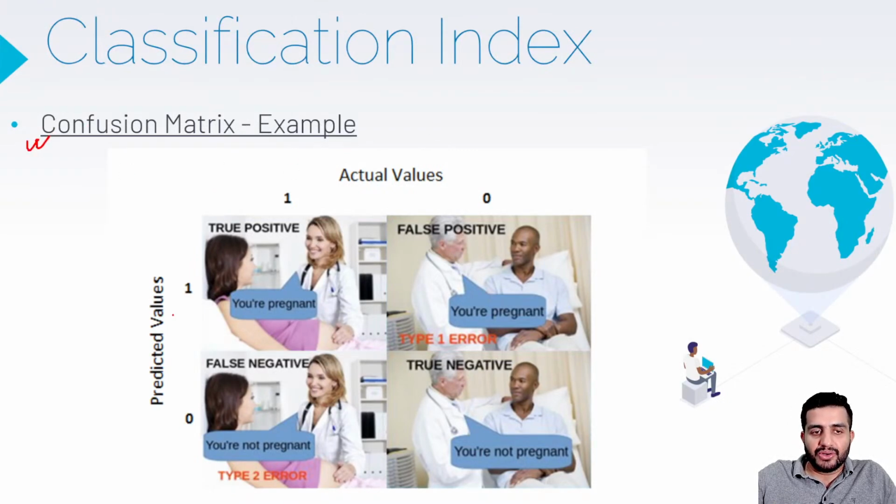Right. So I have the actual values here and I have the predicted values here. First grid: the first I'm saying as actual and the second as predicted. Both are 1, 1. So predicted is 1. It is true. That means it is true positive.